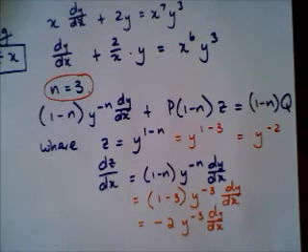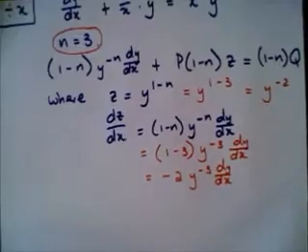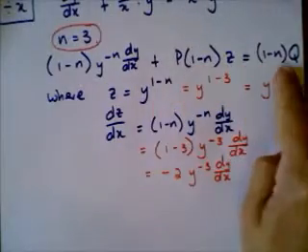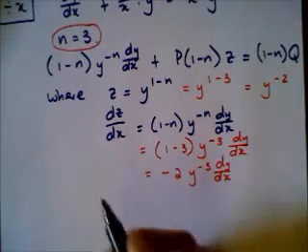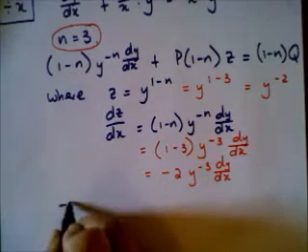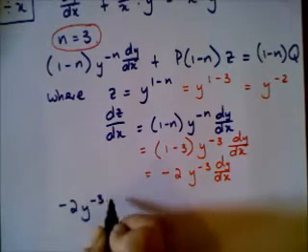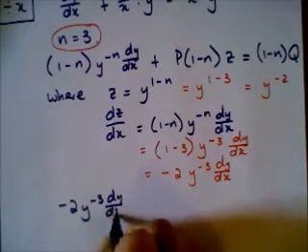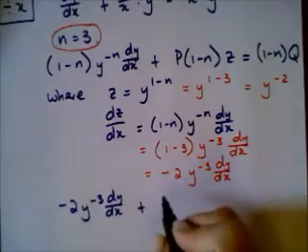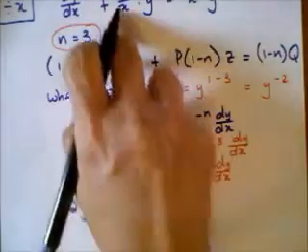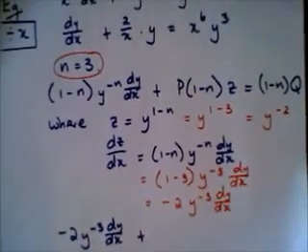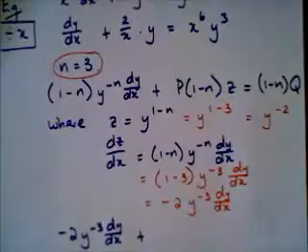If you substitute these values into your general form here, you're going to get minus 2y to the minus 3 dy dx. P in this case is going to be 2 over x. All right, there we go.